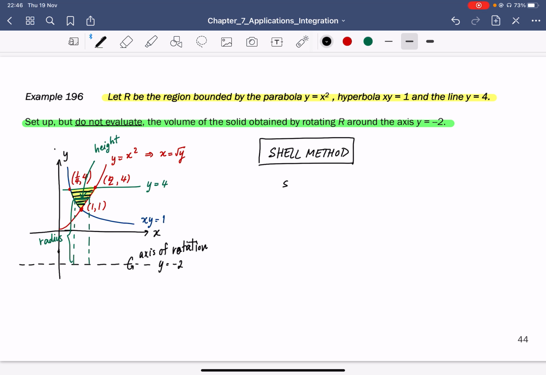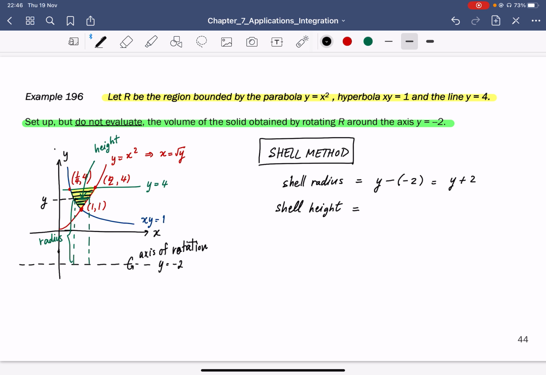So your shell radius is going to be the y value that you fix, minus -2, which is y plus 2. And then your shell height is going to be the red curve minus the blue curve.